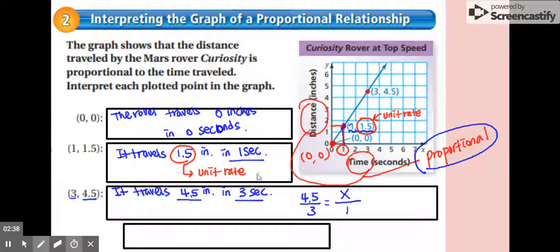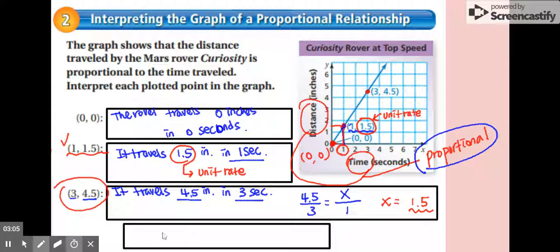We already found the unit rate, but you can also use this point to find it when the variables are changing proportionally. You will get the same unit rate from the second point.